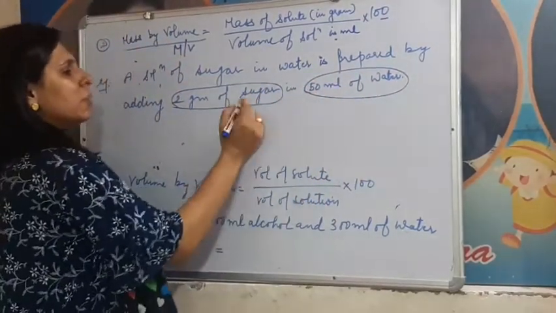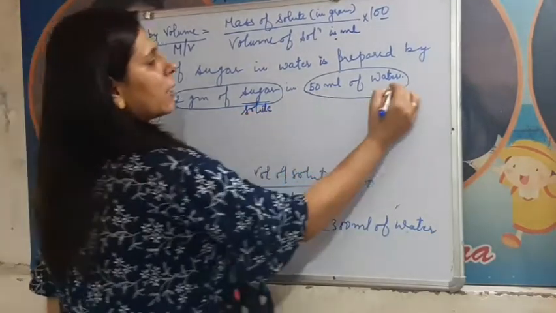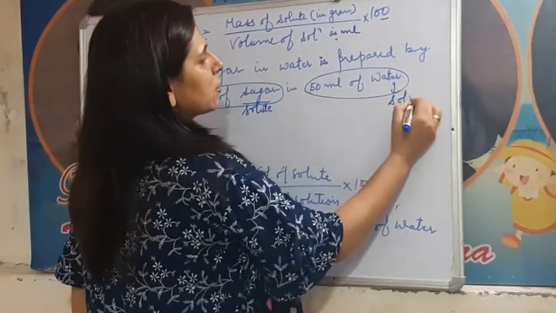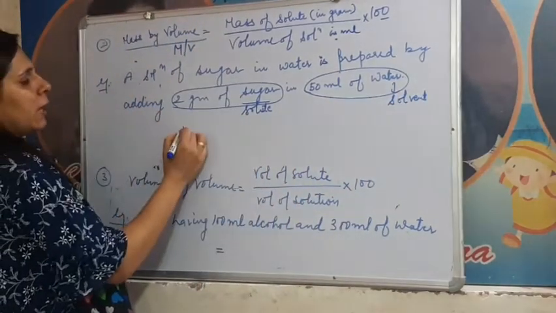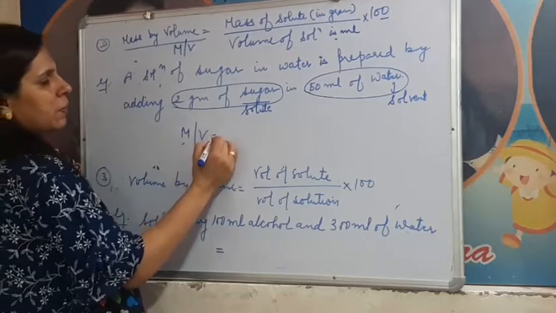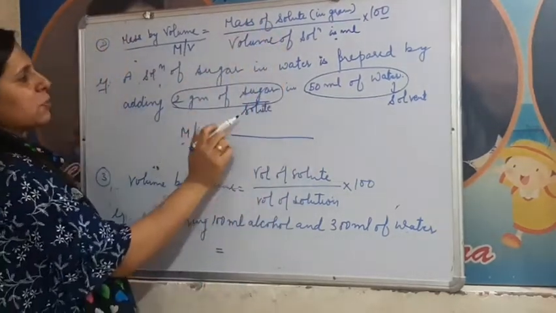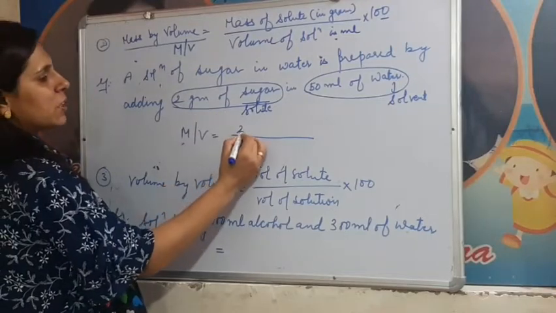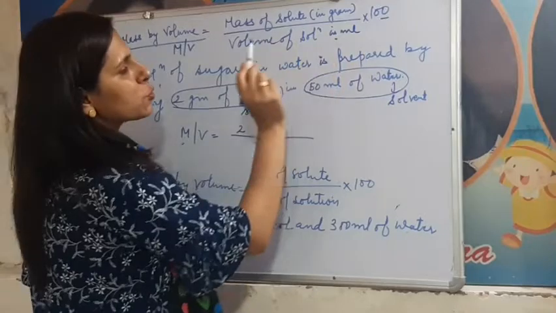So you may see here sugar is acting as a solute and water is solvent. So you may apply this formula M by V, which is equal to mass of solute. That mass of solute which is given in the statement is 2, divided by volume of solution.